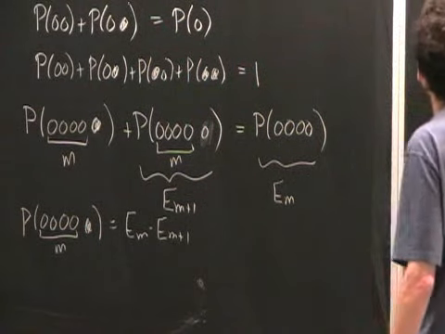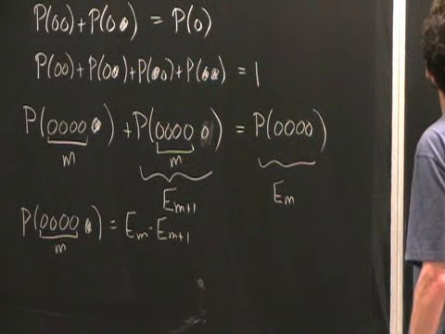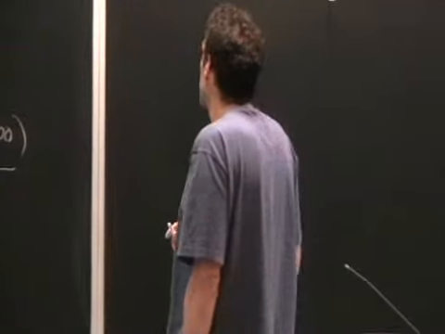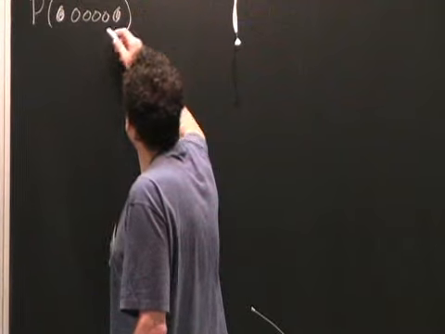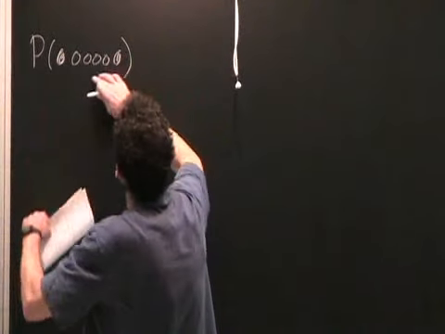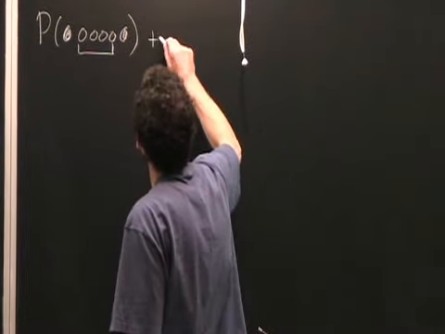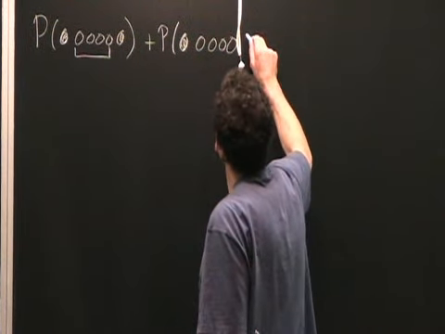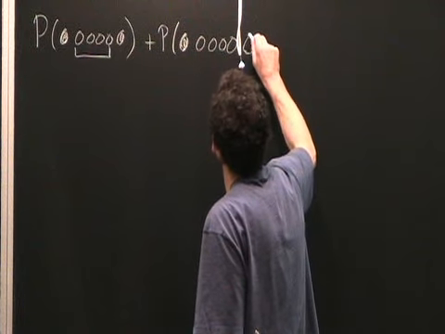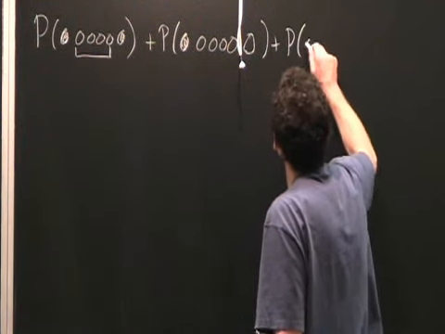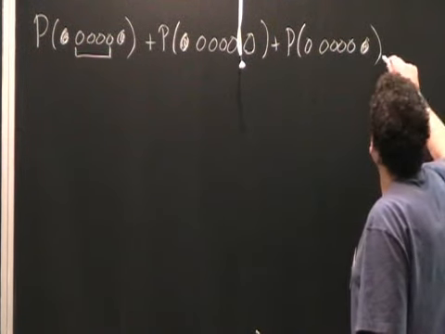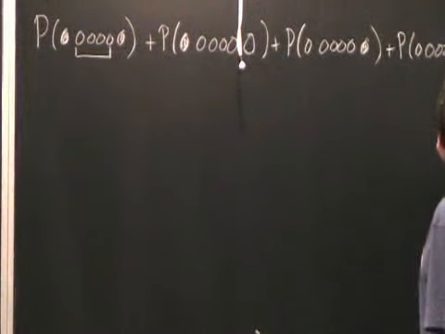Now let's do the same game on both sides. So let's do P, occupied site, m empty, occupied site. And so what I'll do now is just enumerate the states of these boundary sites. So I can write this as P, occupied, m empties, and empty, plus P, empty in the first, m empties, this guy occupied, plus P, the first site empty, the next m sites empty, the next site empty.